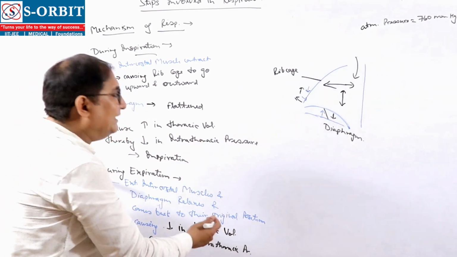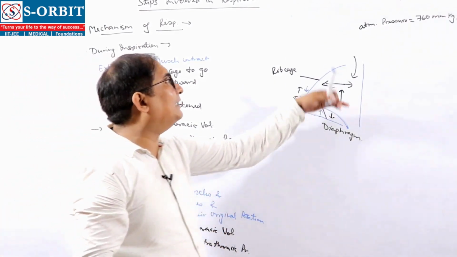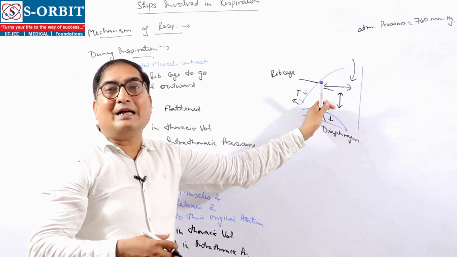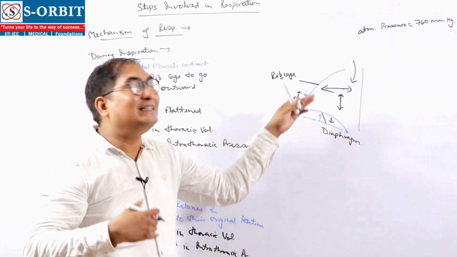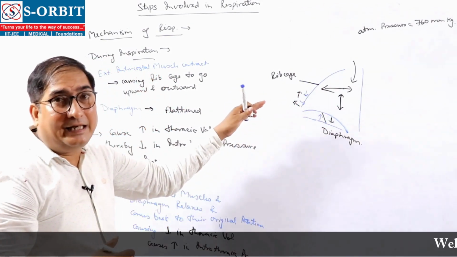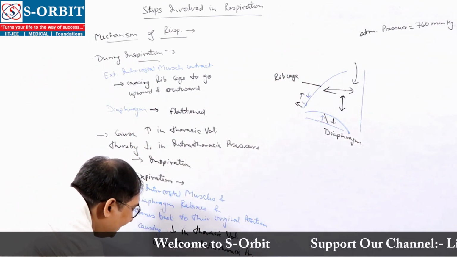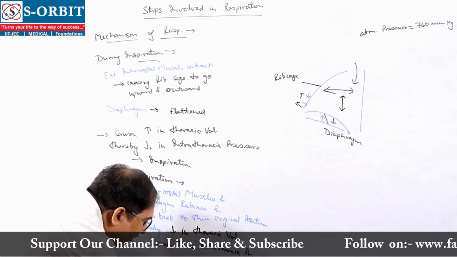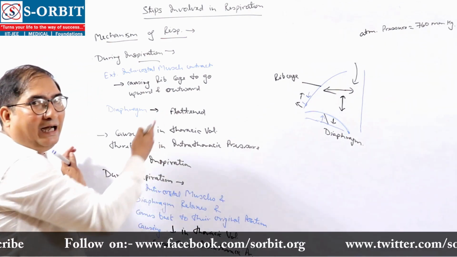And as the intrathoracic pressure exceeds atmospheric pressure, the air from inside the lung goes passively out along the pressure gradient. This is expiration or exhalation, and this is the mechanism of normal inspiration and expiration.